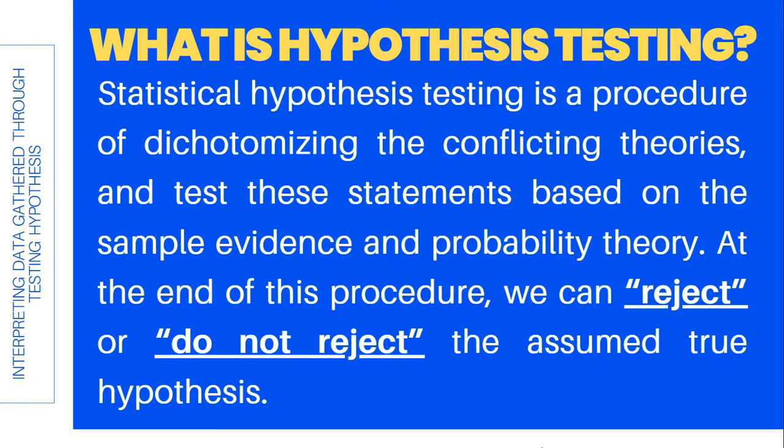Statistical hypothesis testing is a procedure of dichotomizing the conflicting theories and testing these statements based on the sample evidence and probability theory. At the end of this procedure, we can reject or not reject the assumed true hypothesis.